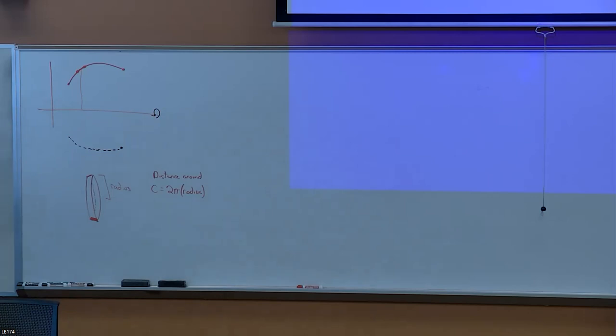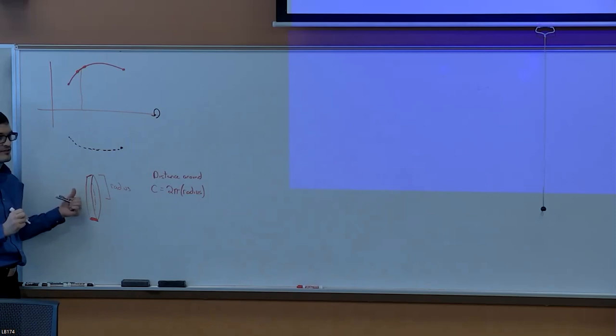So when we go to find surface area, it's going to be 2 pi times the radius. And then I have to multiply by whatever the length of this arc length is. So it's going to be 2 pi radius times arc length.